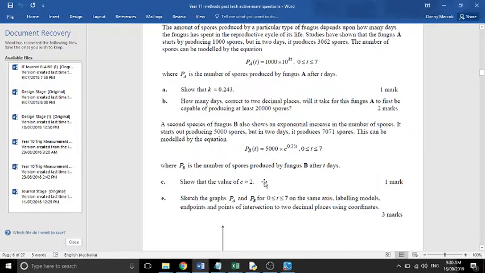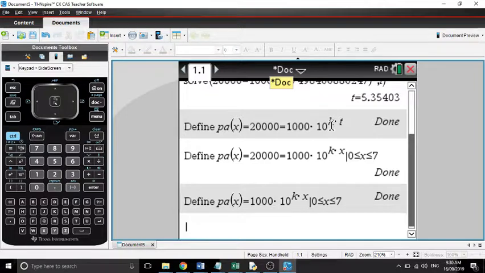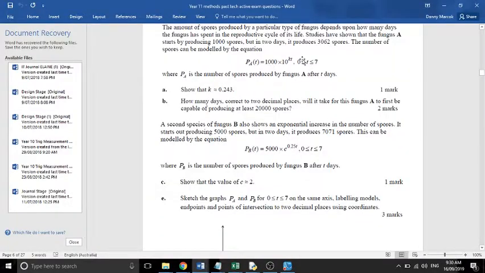So now what it tells us is that at 0 days, initially, there are 1,000 spores, and then after 2 days, it's 3,062.